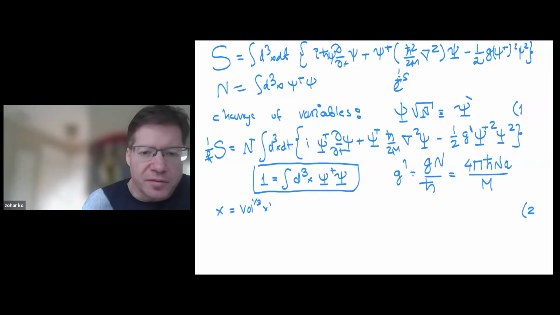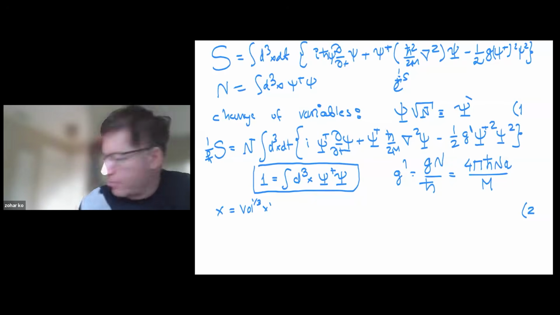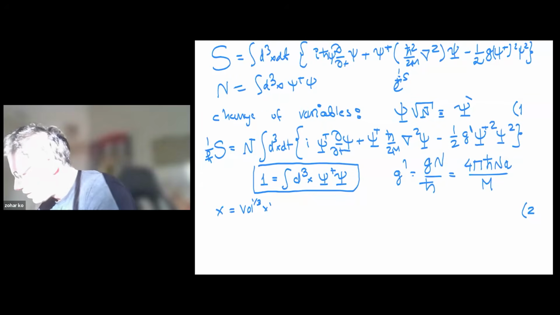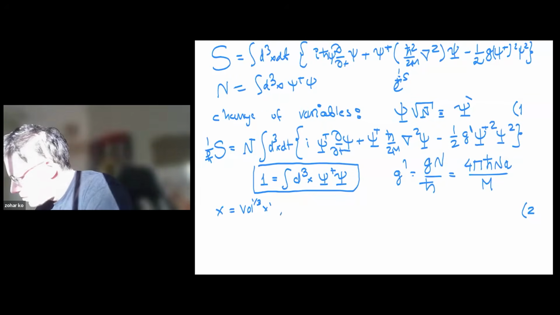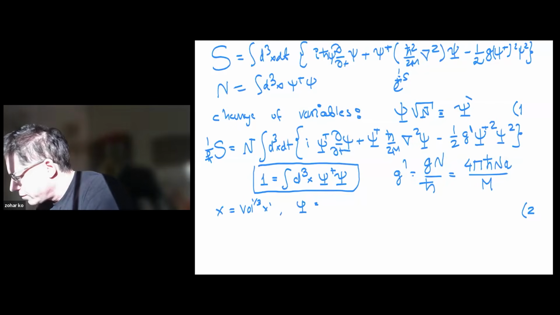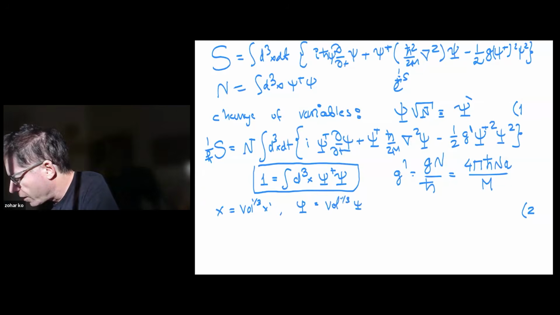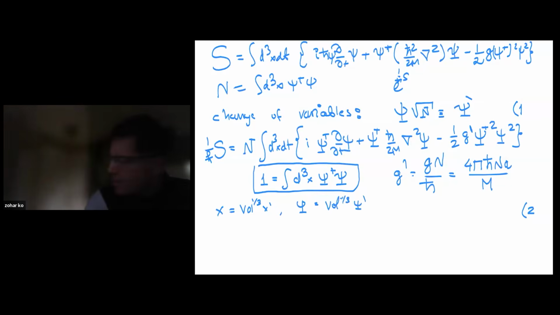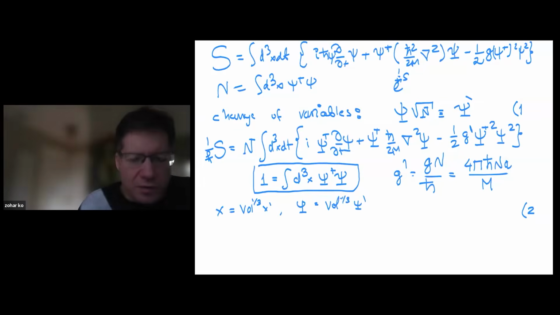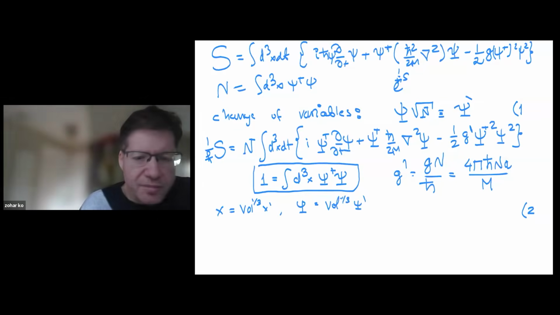We're putting the particles inside some big ball of radius r, and I'm just normalizing it like that. At the same time, the wave function will be defined to be volume to the power -1/3 times psi prime again. In that way, the normalization of the wave function will stay the same, but now x prime is just dimensionless and goes from 0 to 1.